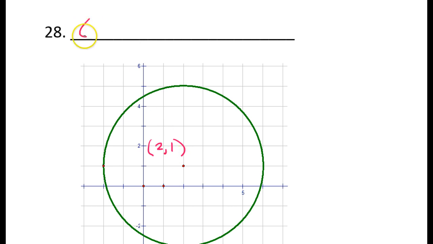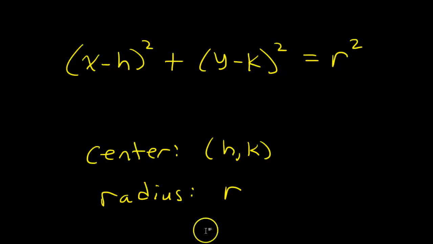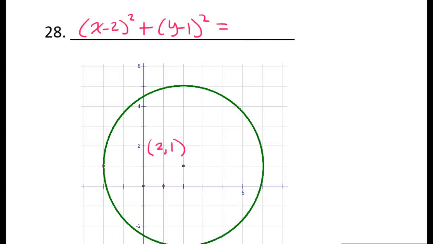So that tells me that I will have x minus 2 squared plus y minus 1 squared. Opposite of this and the opposite of this. And that's going to equal the radius squared.